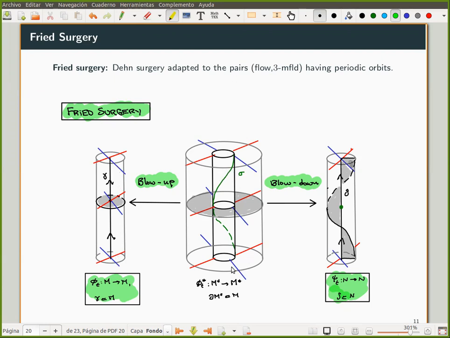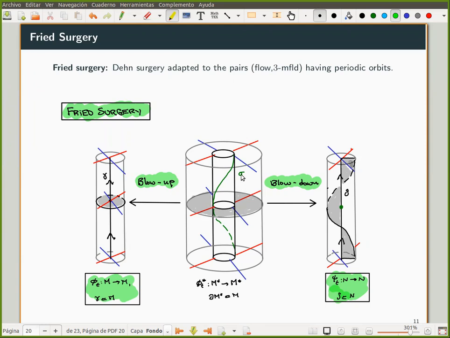Once we have this flow, consider now some closed curve sigma contained in the boundary, and consider a whole foliation of the boundary of this three-manifold by closed curves parallel with sigma, and make the quotient of this two-dimensional torus by these closed curves.